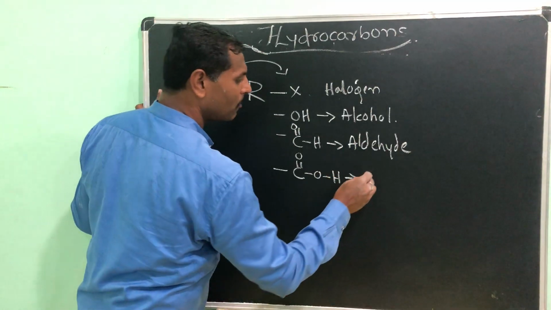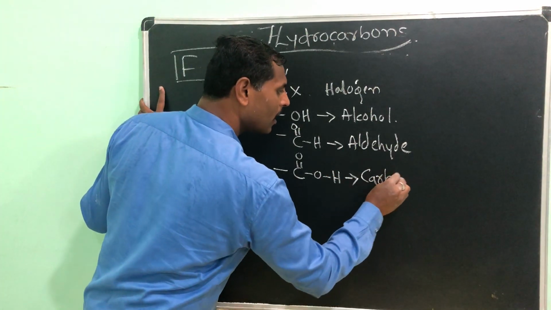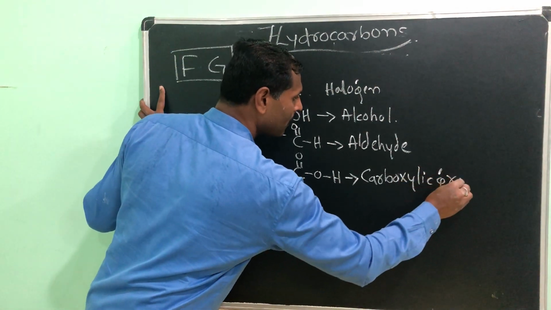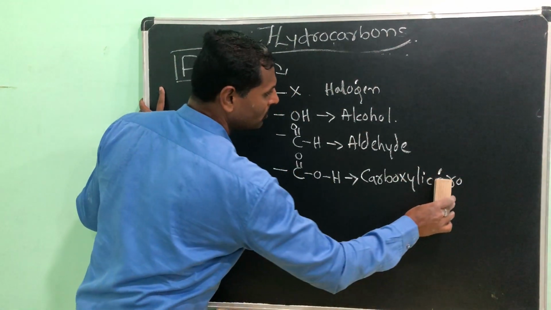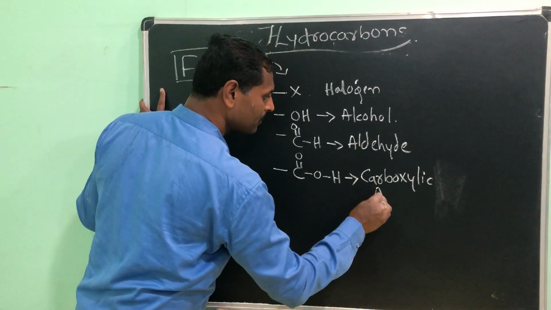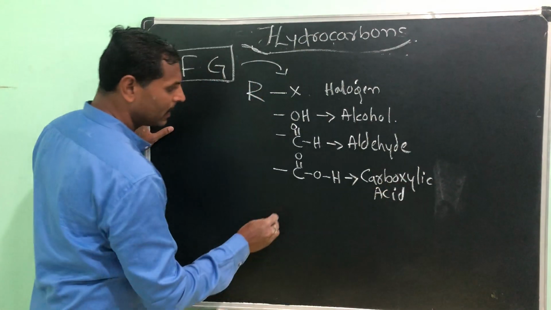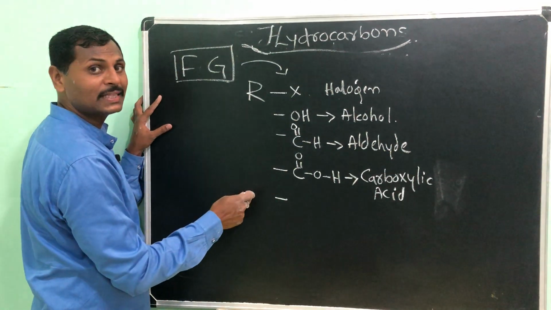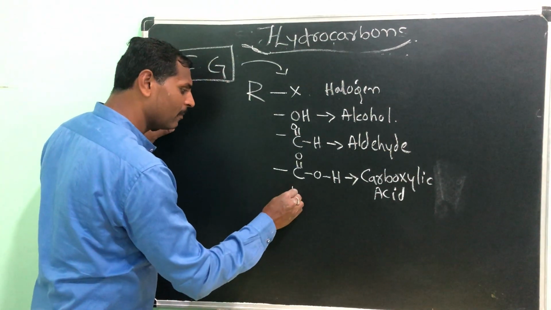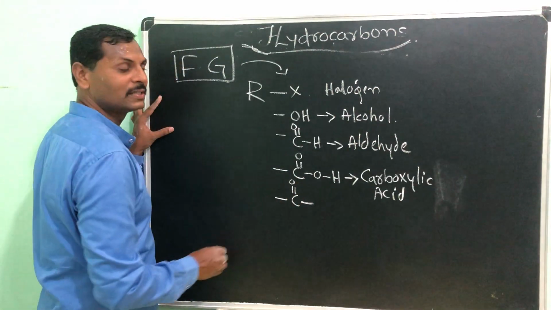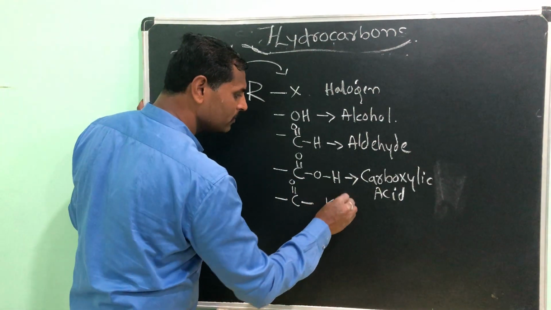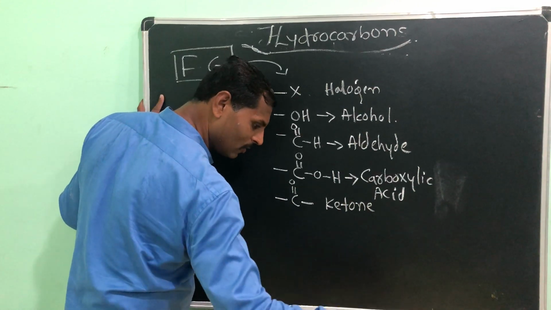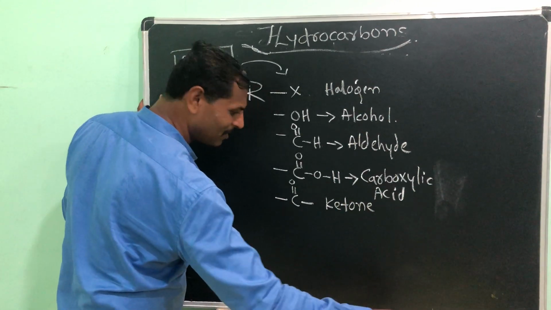This is carboxylic acid group, carboxylic acid. Okay, and here this bond I am showing you attaching with R, C double bond O, and this one side, this is ketone, acetone, your nail polish remover, you know, you are using it as a nail polish remover.